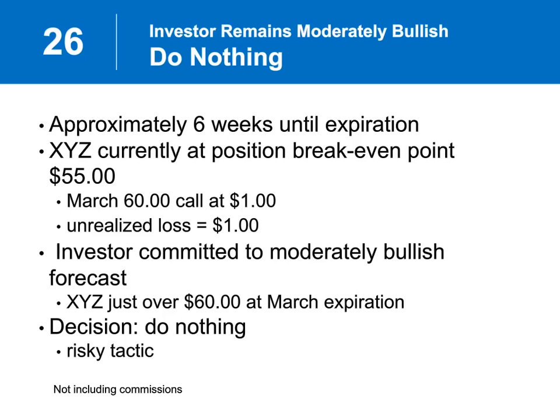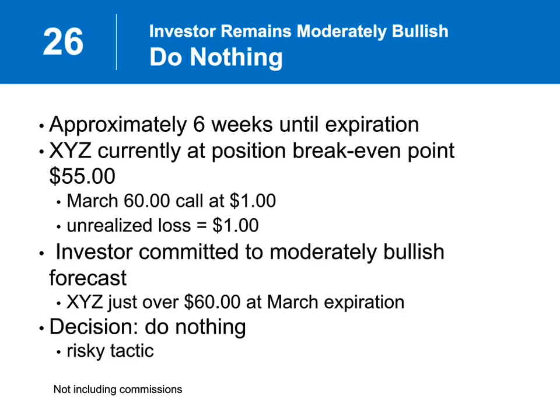We were neutral to moderately bullish in the original scenario, but we had 90 days, so over 4 or 5 weeks, the stock has headed south 4 points, maybe more so than we thought. But we remain moderately bullish, so we decide we're not going to do anything.